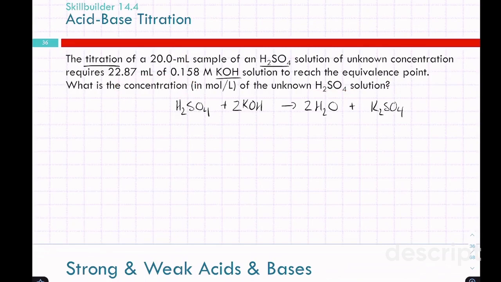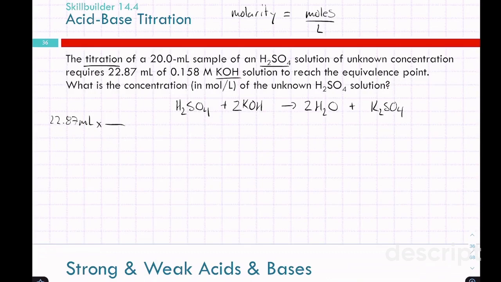So if it's 22.87 milliliters, we need to convert that into liters. So what's the formula again? Molarity equals moles over liters. Yeah, molarity equals moles over liters.